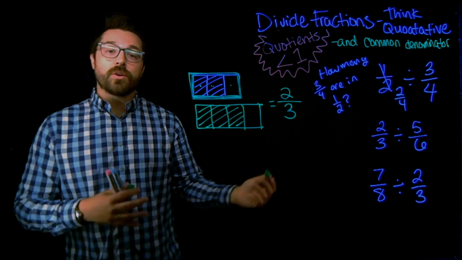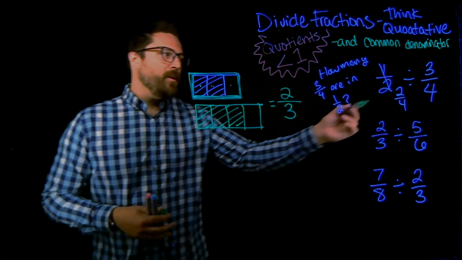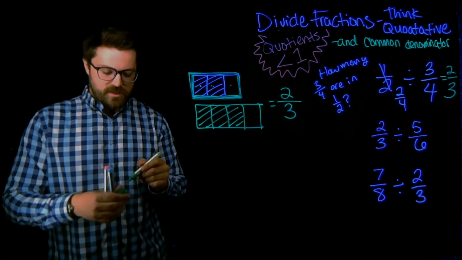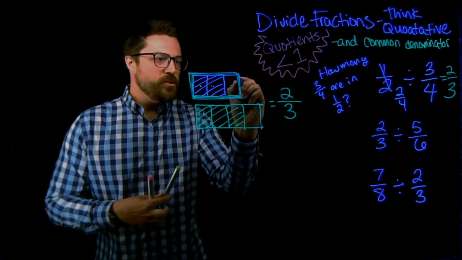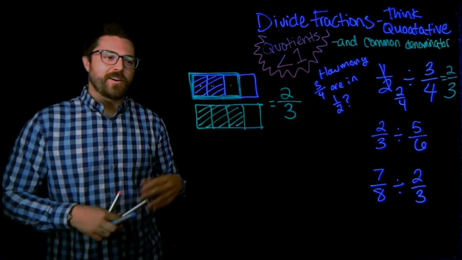So there's 2/3 of a 3/4 in 1/2. So 1/2 divided by 3/4 is 2/3. And I'm going to go ahead and redraw that back up there so we don't forget that it did start as 2/4.